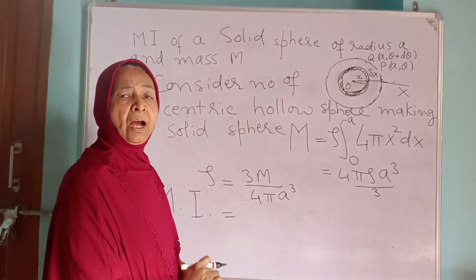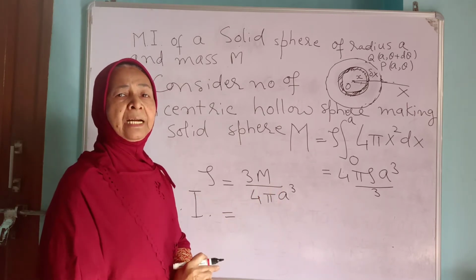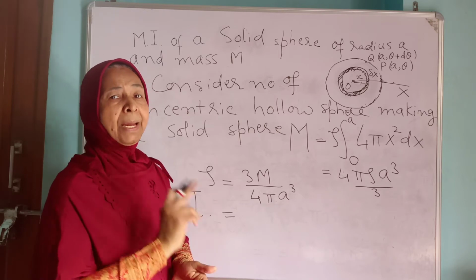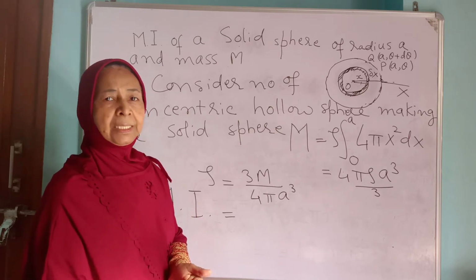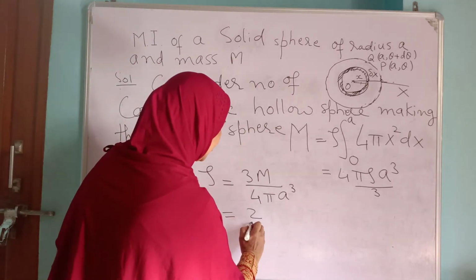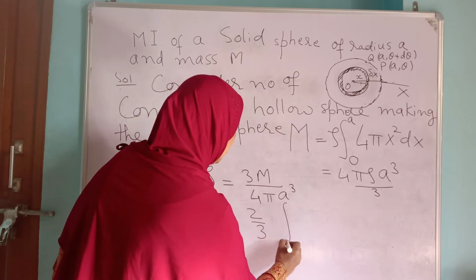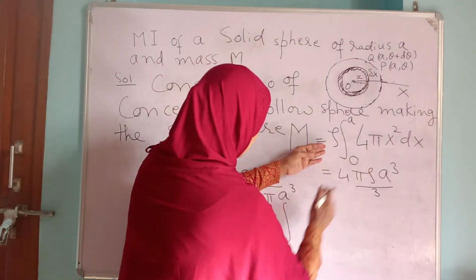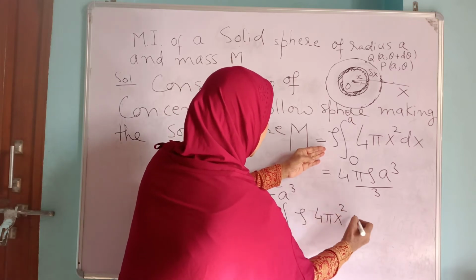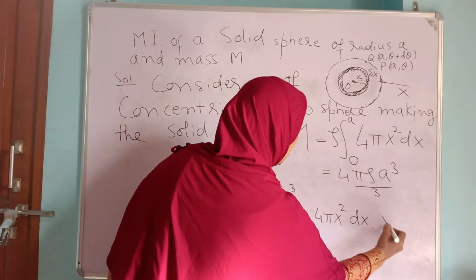Moment of inertia of a hollow sphere about an axis passing through its center is 2 by 3 M a square. Isn't it? So 2 by 3 and then integral of, for mass you have the same terms, 4 pi x square dx.